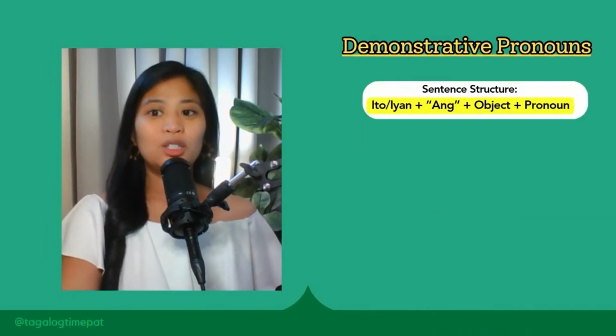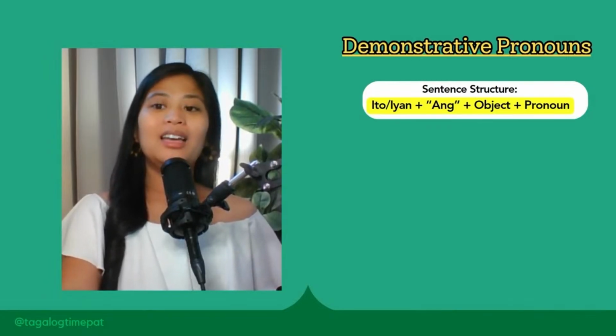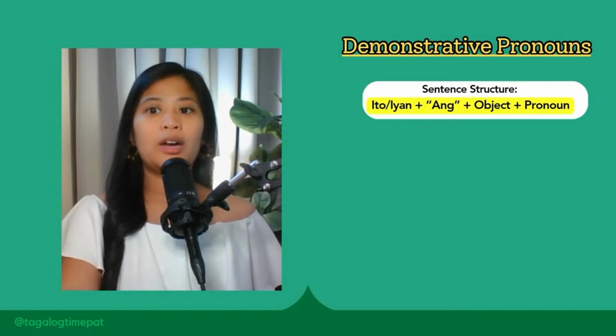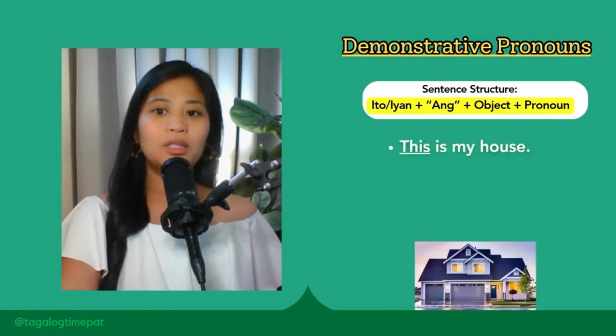So here's the sentence structure for how demonstrative pronouns can be used. Ito or iyan goes first. It's taking the place of the adjective. Then it's the word ang, then it's the object, then it's the pronoun. So the last part of this sentence structure is the same as what we've just learned. So here's how it's used. This is my house would be ito ang bahay ko.